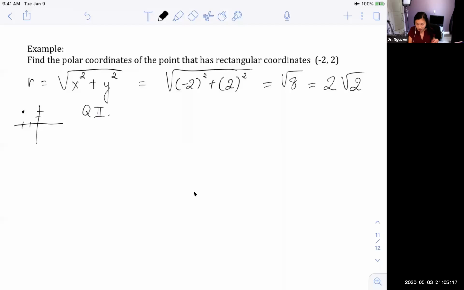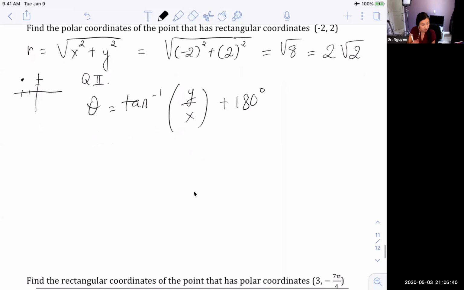Don't forget for Q2 and Q3, for the angle, we have to add 180 to it. So theta is going to be arctangent of y over x, but then we add 180 to it.